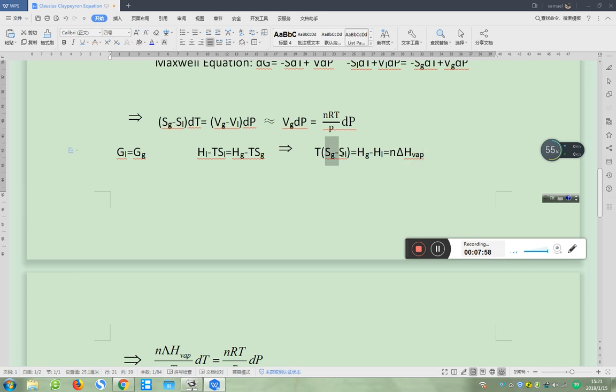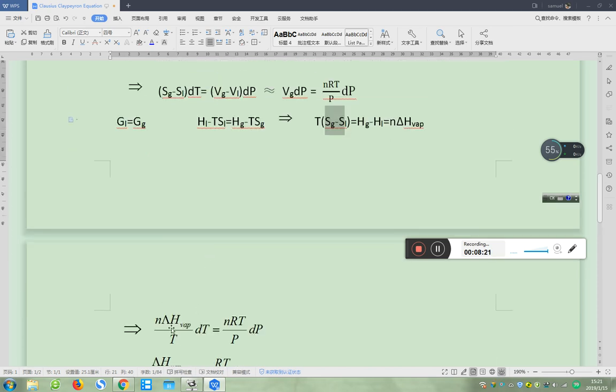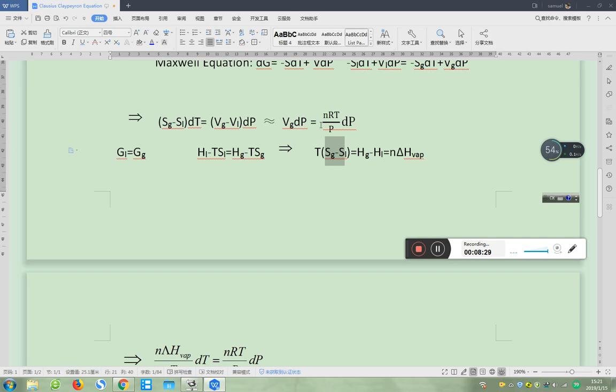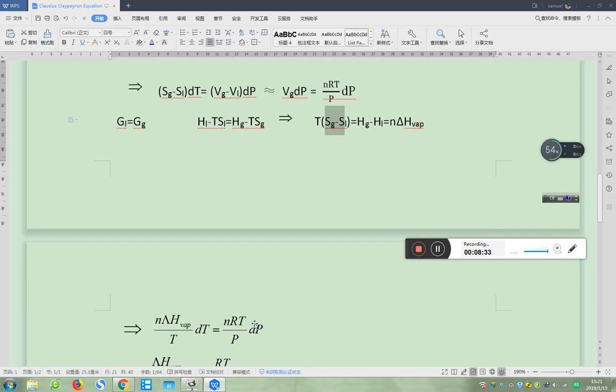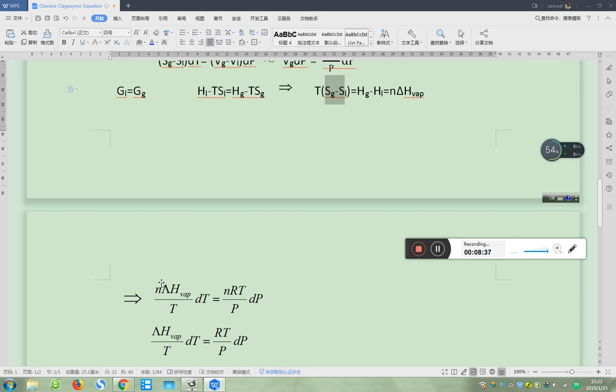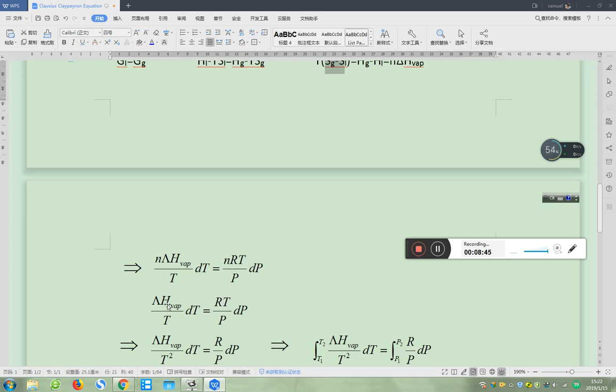So we can now isolate the term Sg minus Sl, which is equal to n times the enthalpy of vaporization over T. Plugging this expression back in, we get n times the heat of vaporization over T times dT, equals, on the right-hand side, nRT over P times dP. Now notice we can cancel the n, so we get the heat of vaporization over T times dT equals RT over P times dP.